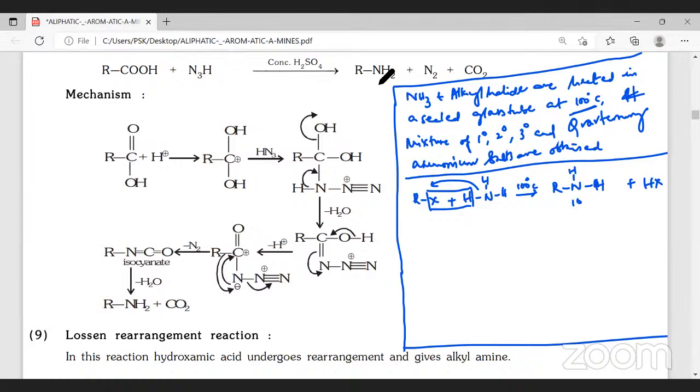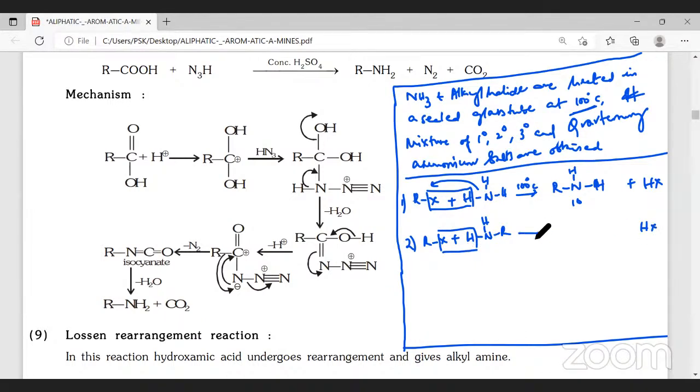The second step is this primary amine. When this hydrogen can be replaced, the other hydrogen also can be replaced. We write RX, the alkyl halide, with the primary amine, N, H, H, and R. Again, this H and X get eliminated as HX.